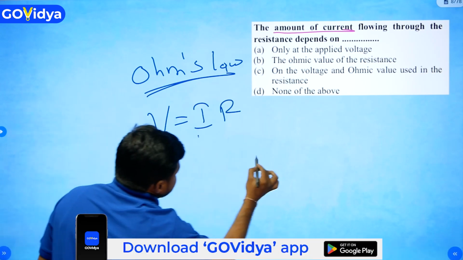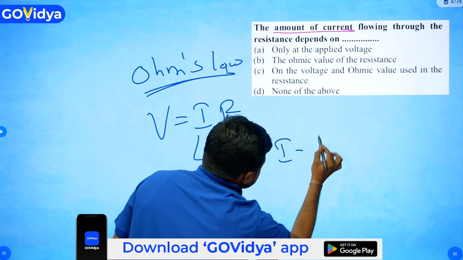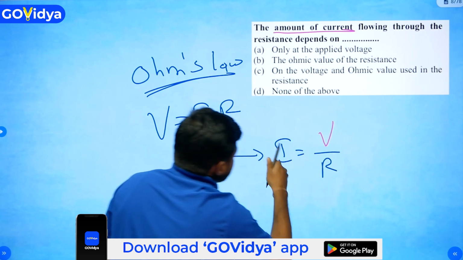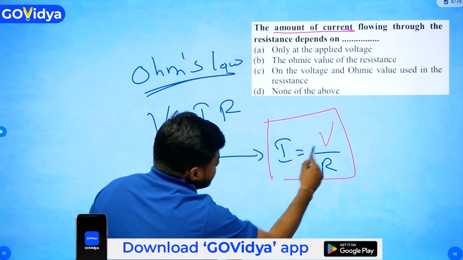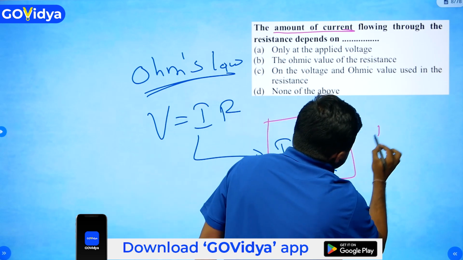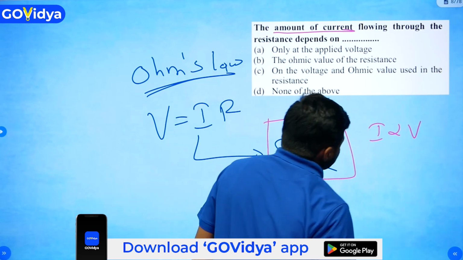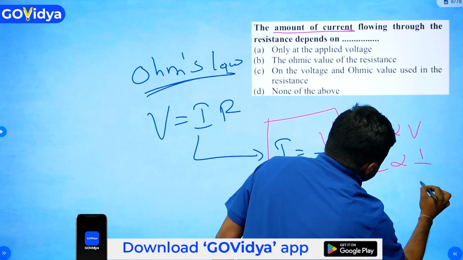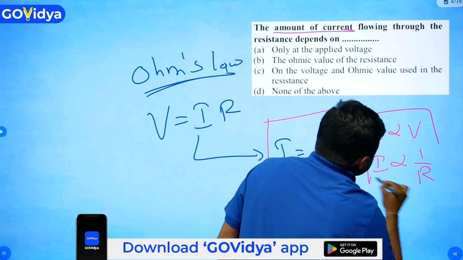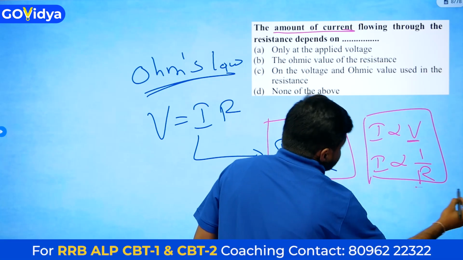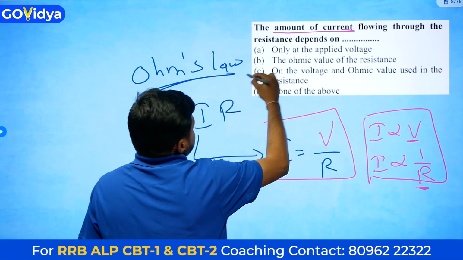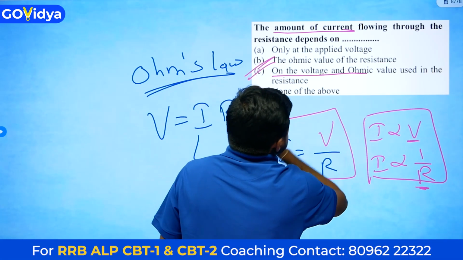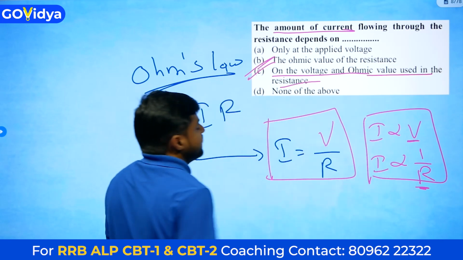From here we will write I is equal to V by R. The current will depend on voltage and resistance. Current is directly proportional to applied voltage, and current is inversely proportional to resistance. From the options, option C is the correct answer.